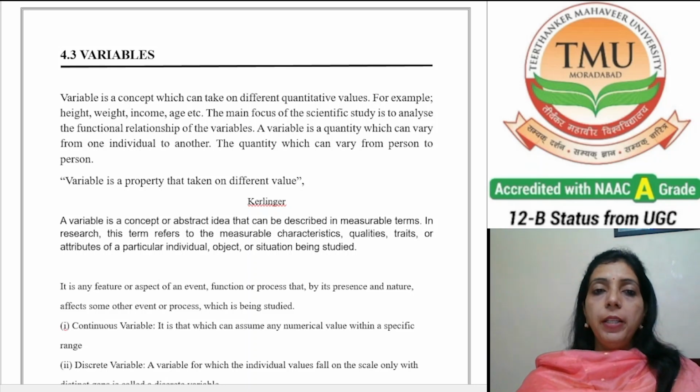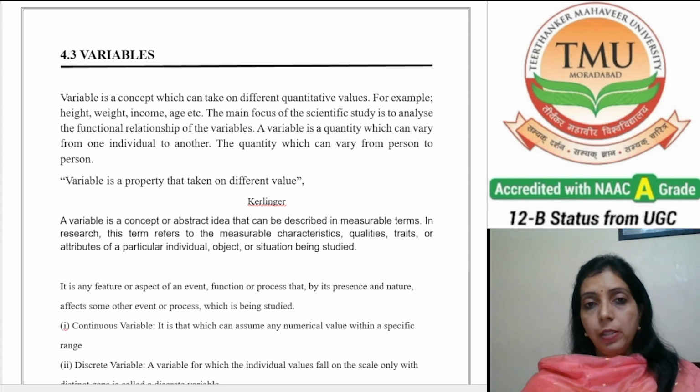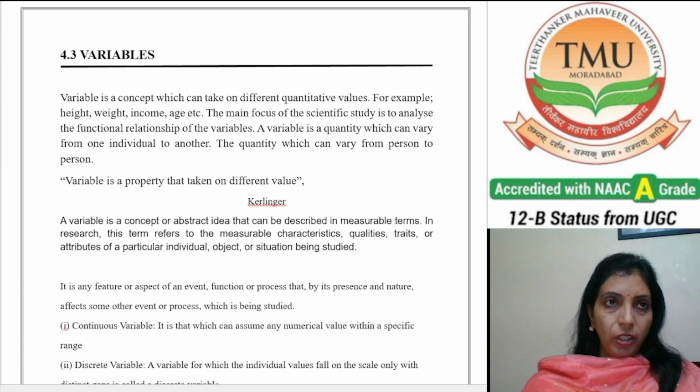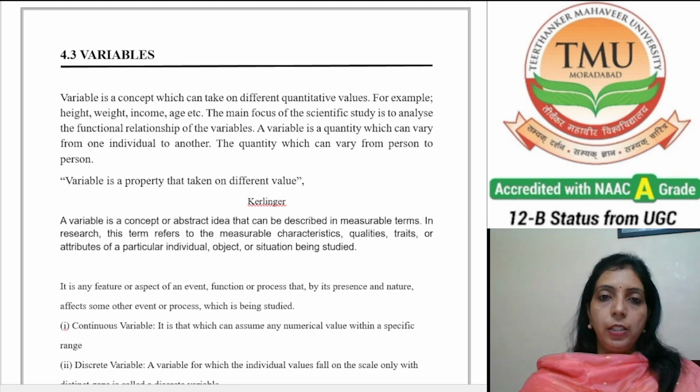Next is the dependent variable. What are dependent variables? Dependent variables are the outcome variables and are the variables for which we calculate statistics.